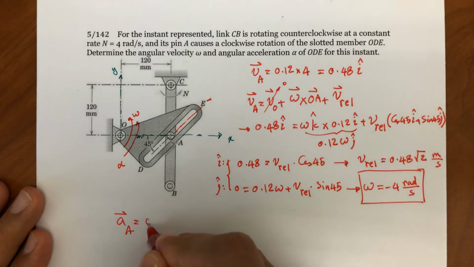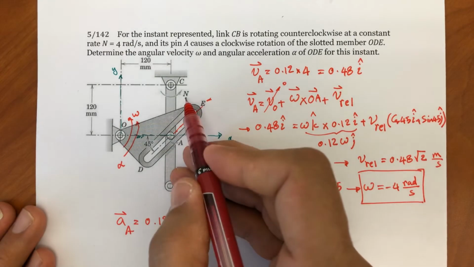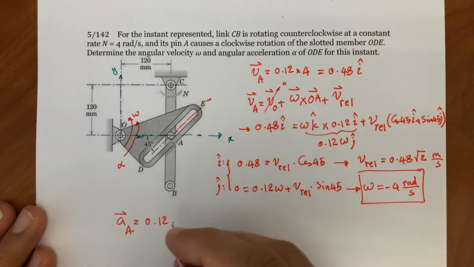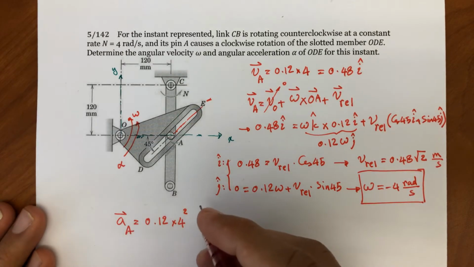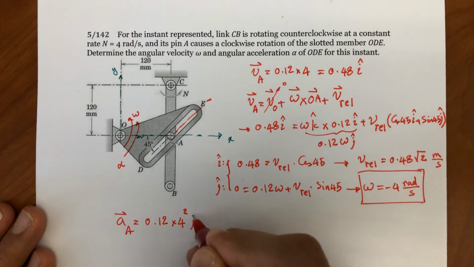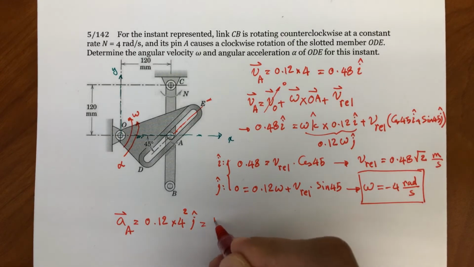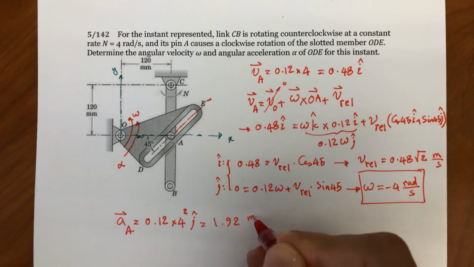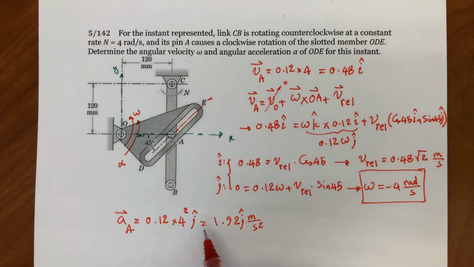So it's going to be 0.12 times omega squared, which is 4 squared, and it is all in the j direction. So 16 times 0.12 is going to be 1.92 meter per second squared, in the j direction. This is the actual acceleration of this point A.